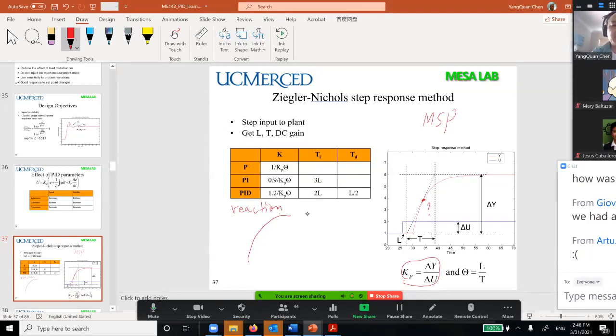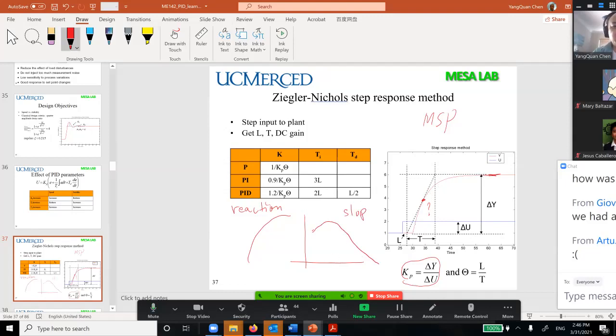So let's take the derivative of it. What can you see? The derivative initially goes up, then goes down, right? Going up, and going down. At this point the slope is 0, right? So it's something like this. This is the slope.